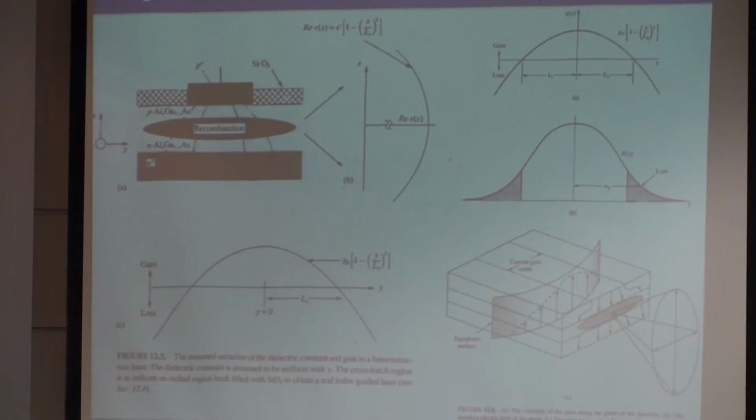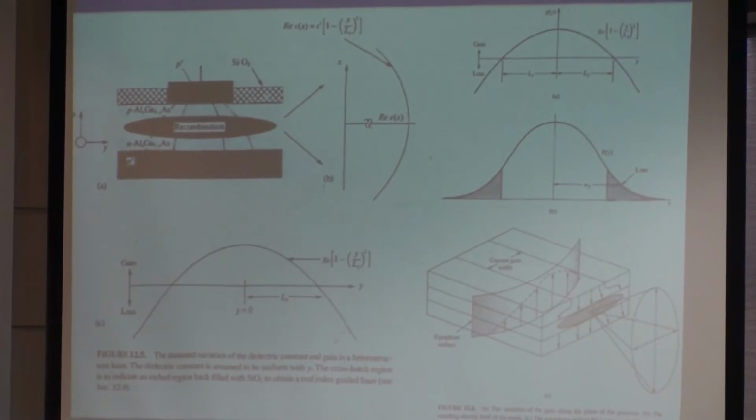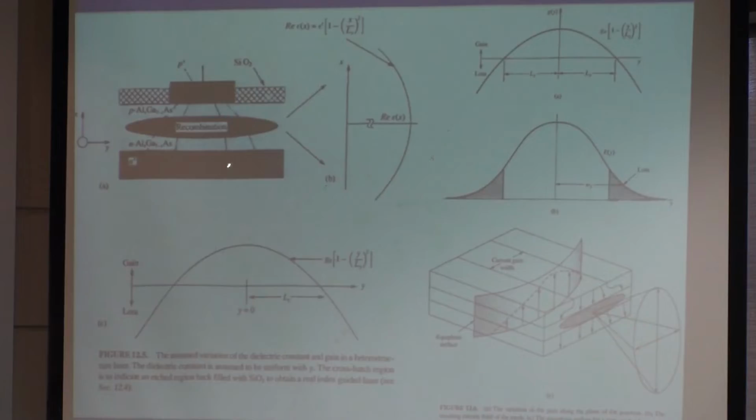That is solved by what are called index guided lasers, where you etch down here, and then regrow another region on the side with different refractive index, so that you confine the light again in that direction. Those are much more expensive because they involve a lot more processing and regrowth, but are highly desirable for extremely precise lasers which do not waver when you inject more current. So that's pretty useful, called index guided, but the simpler version is the gain guided laser.